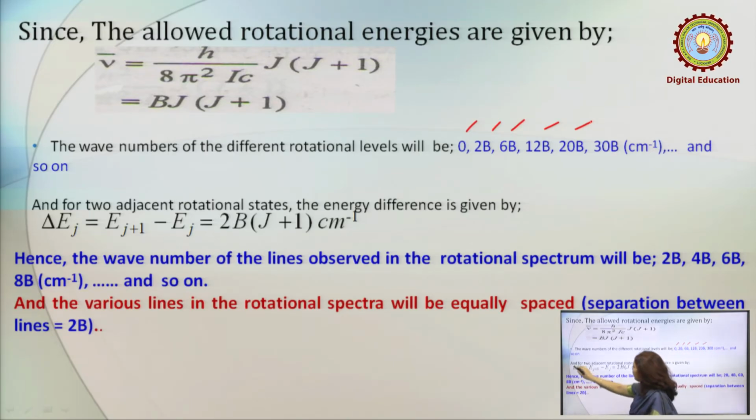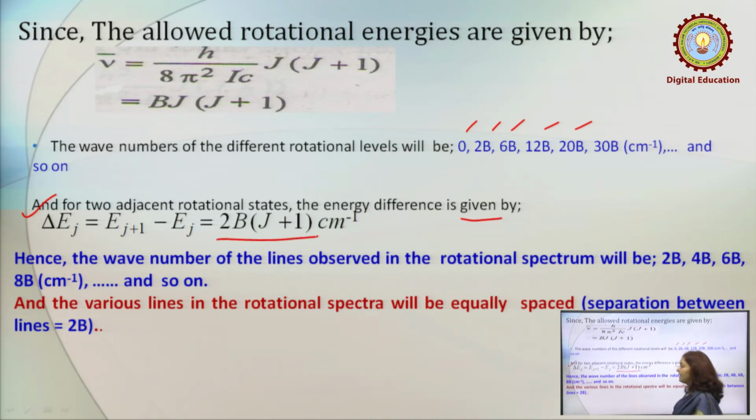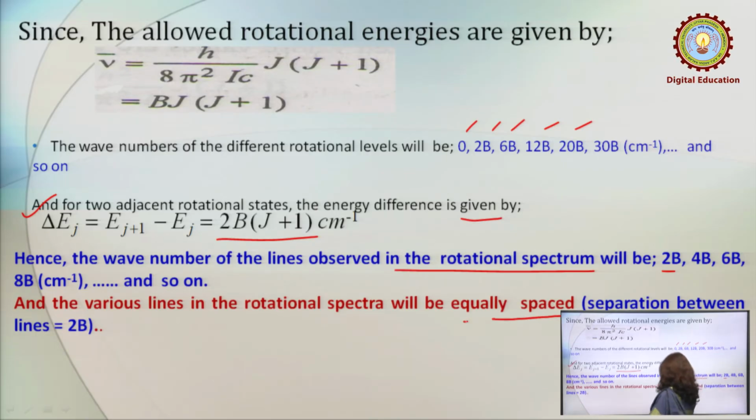For two adjacent rotational states, the energy difference is given by 2B. Hence, the wave numbers of the lines observed in the rotational spectrum will be 2B, 4B, 6B, 8B and so on, and the various lines in the rotational spectra will be equally spaced.